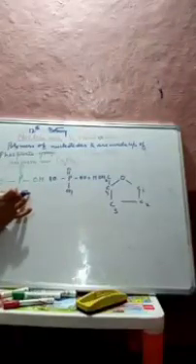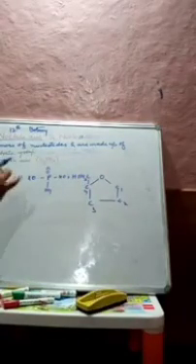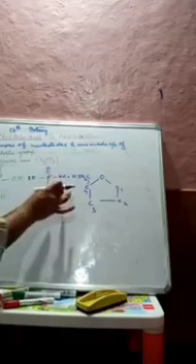So this is how phosphoric acid is attached at the fifth carbon of the pentose sugar.